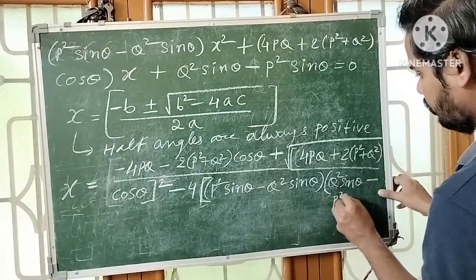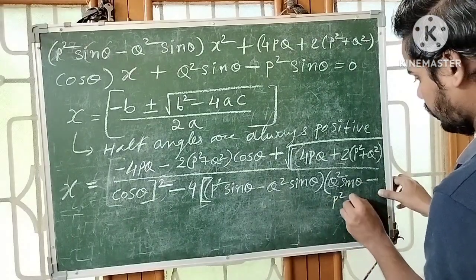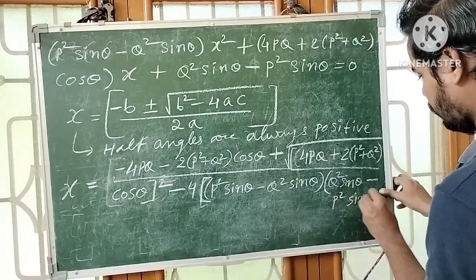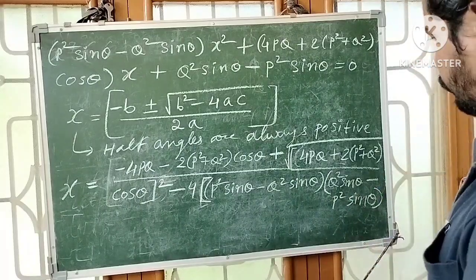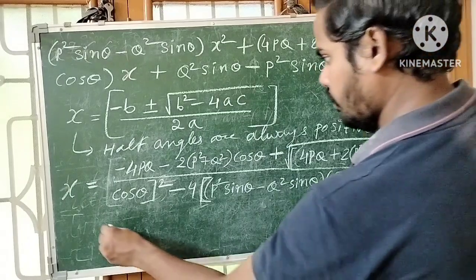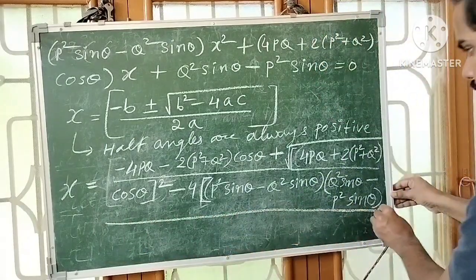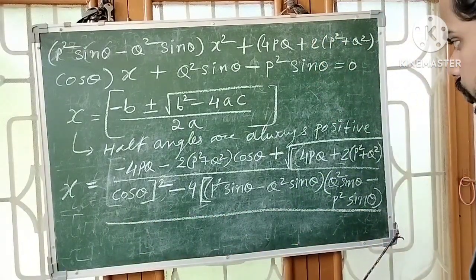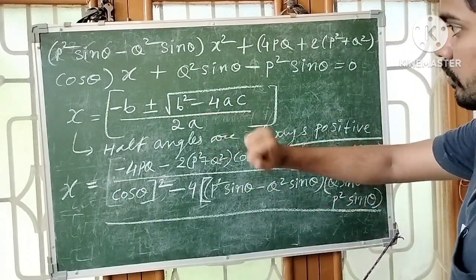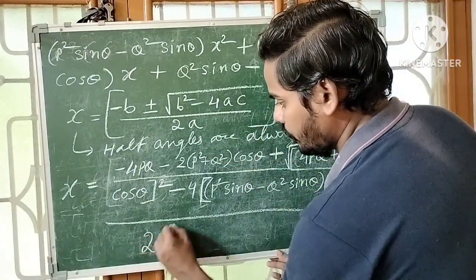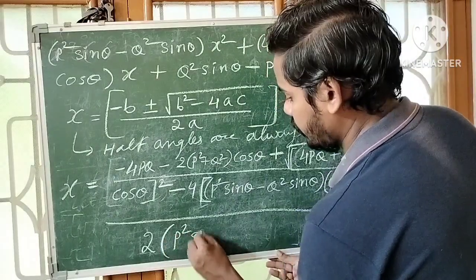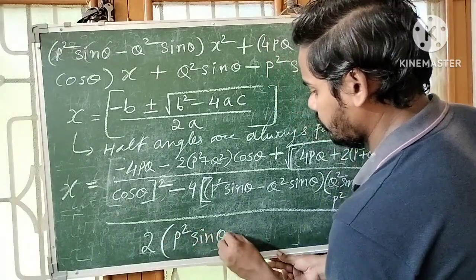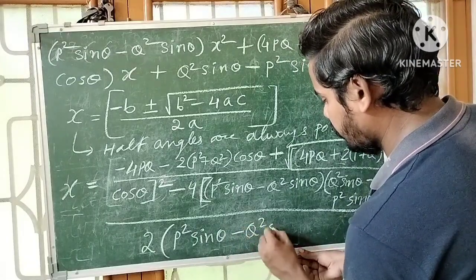All divided by 2a, 2a into p square sin theta minus q square sin theta.